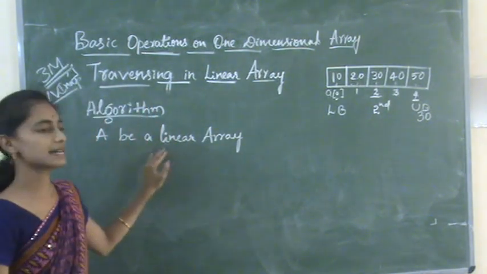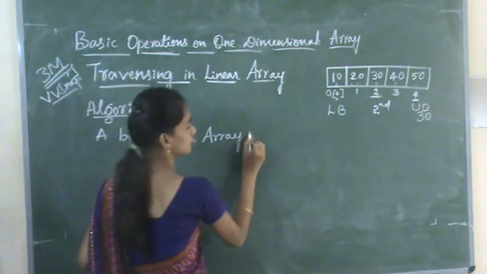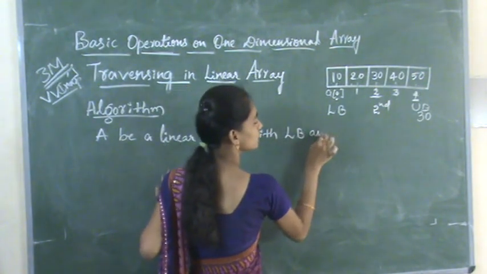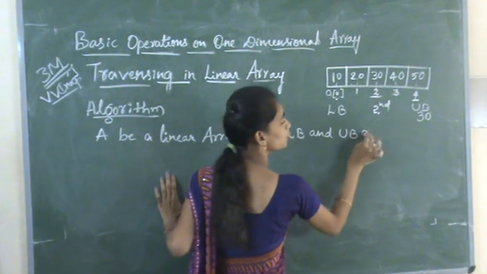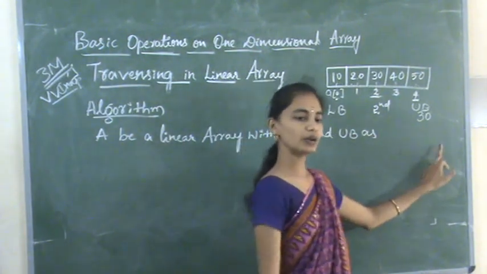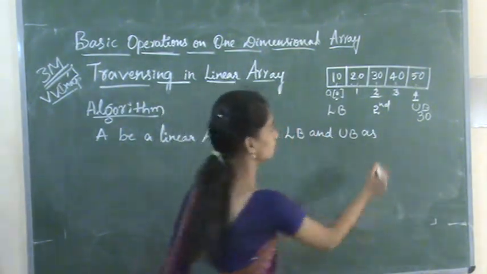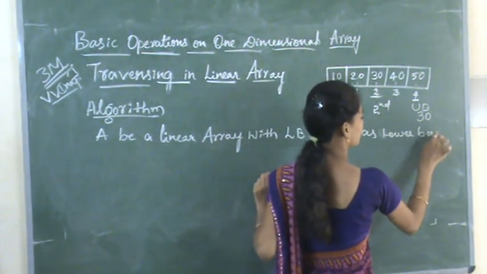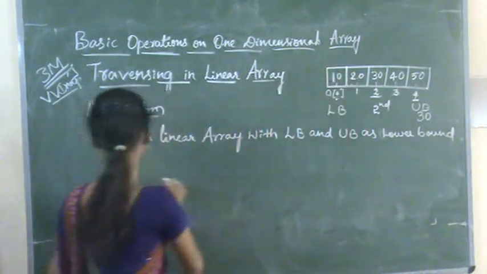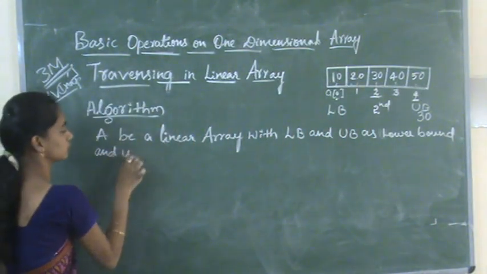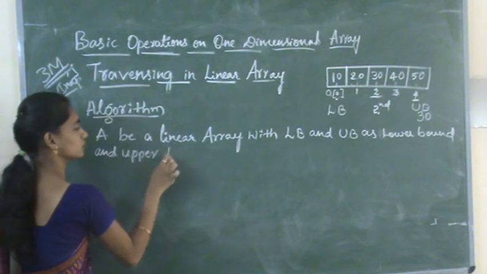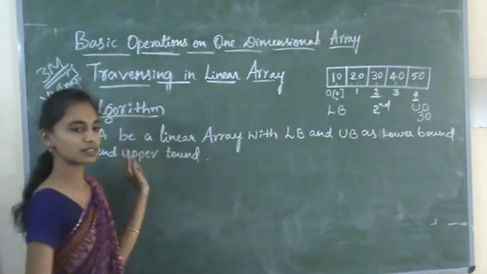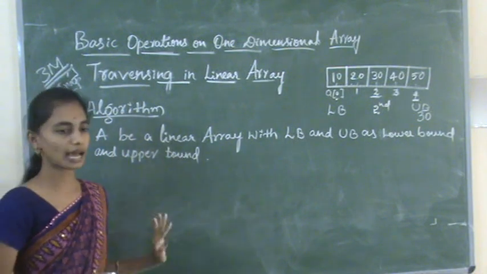So A be a linear array with LB and UB as lower bound and upper bound. So these are the variables we are using in this algorithm.